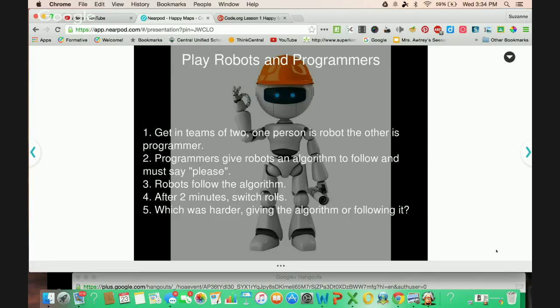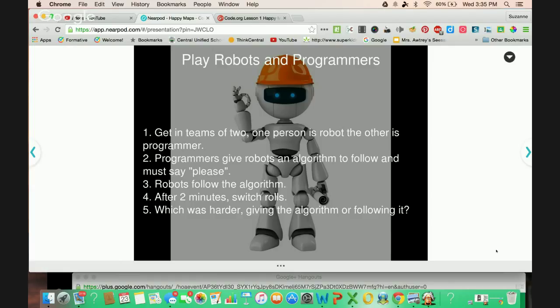One person is the robot and the other is the programmer. And I know you will use your best manners to decide who gets to do which job. The programmer gives the robot an algorithm to follow, but the programmer must say please because that's just good manners.